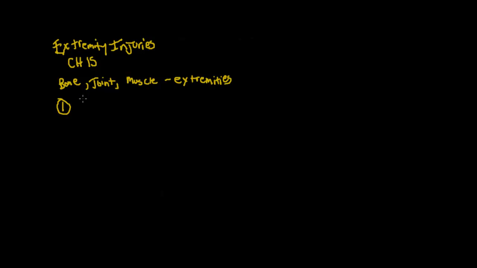Look for signs of dislocation. So the first thing we want to do when we're examining somebody is look for signs of dislocation. Oops, let me undo that because that is really hard to read. Dislocation.